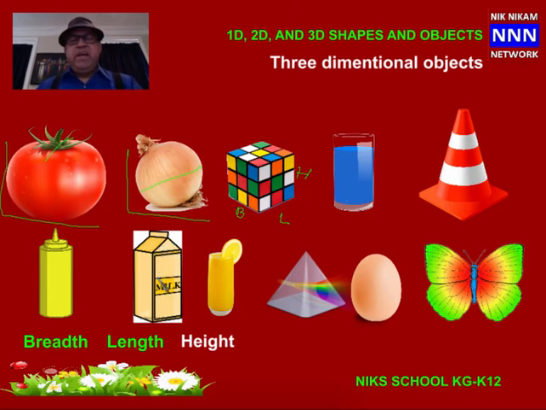So, many times we can have objects that are made up of multiple shapes. So, it could have a combination of a cube, and then it could have a prism on top of that, or a triangle. So, it is very important to know. For example, here is a prism.